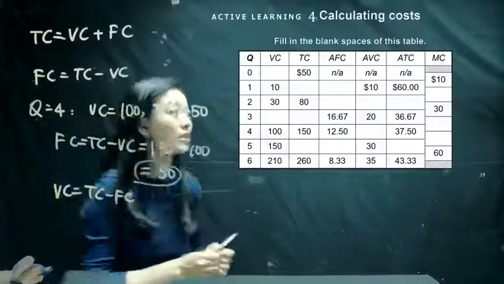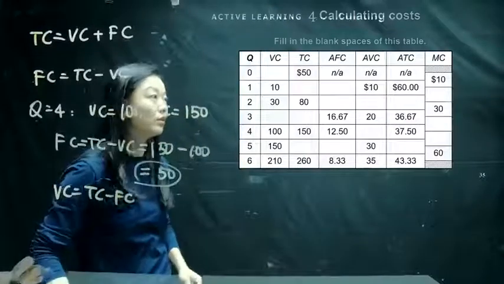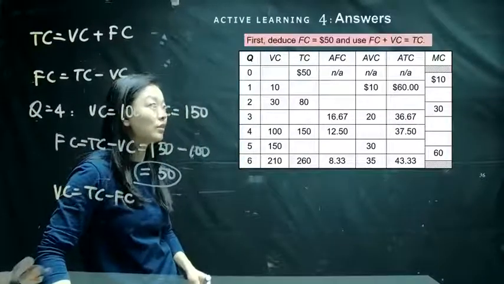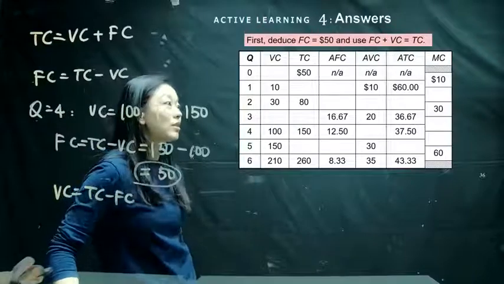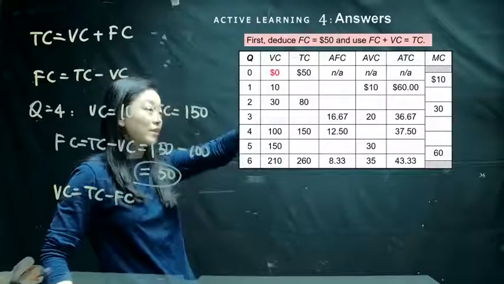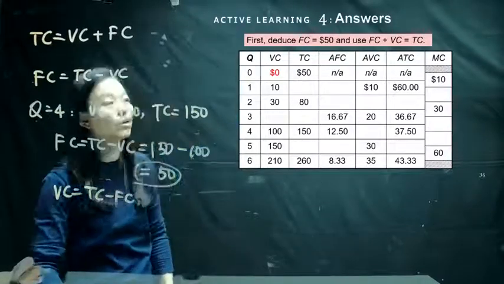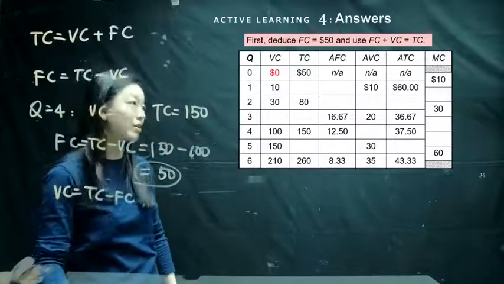So you can get the first row showing 0. Why? Because there is no output, which means no variable cost.